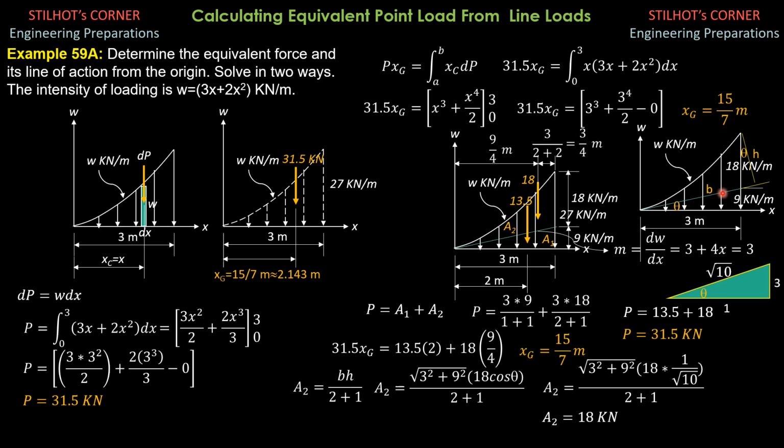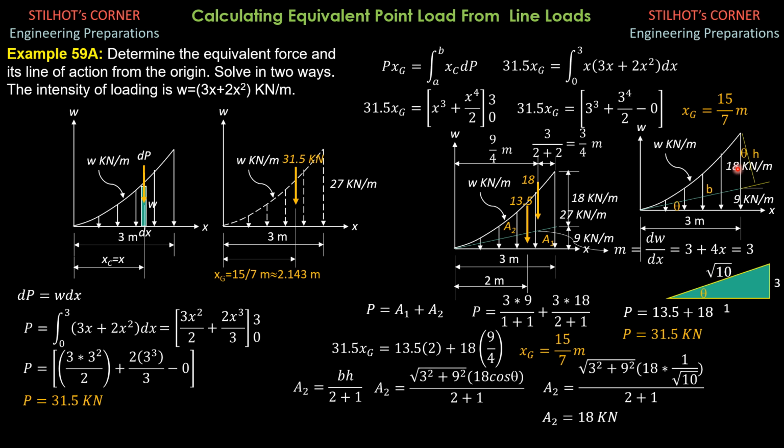So, 1 over n plus 1. The base would be b, which is square root of 3 squared plus 9 squared for this triangle here. Then the height would be h, and that is the perpendicular height.